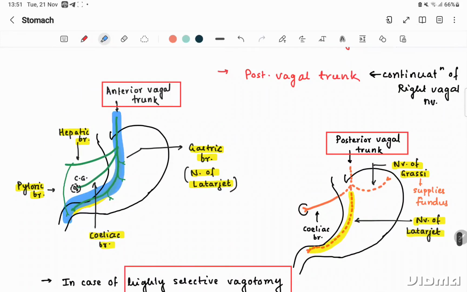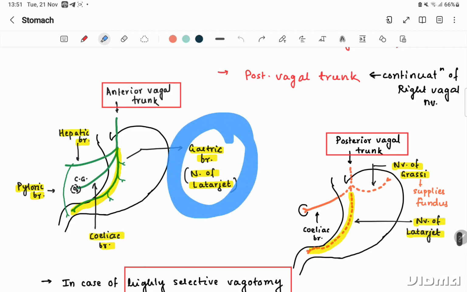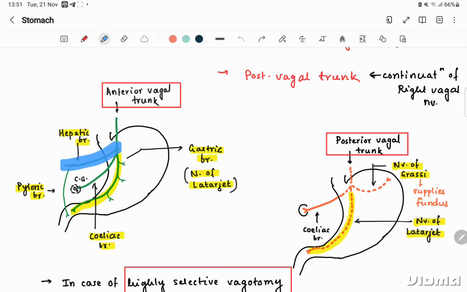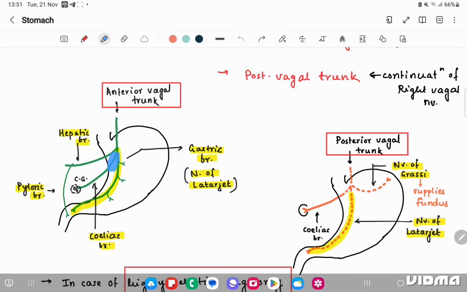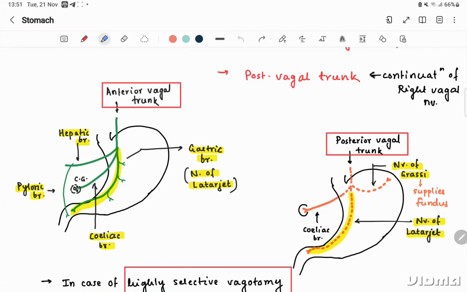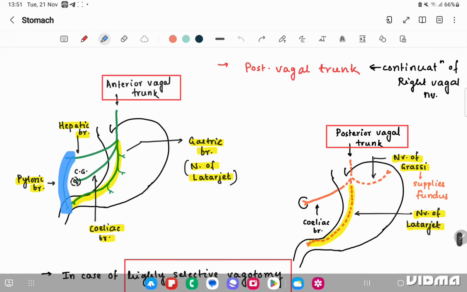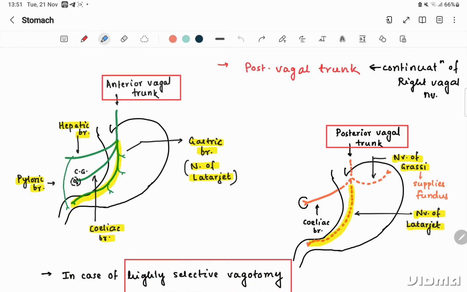So this is the anterior vagal trunk, going like this along the lesser curvature. It gives branches, 1, 2, 3, which are the gastric branches, called the nerve of Latarjet, and a hepatic branch. This is a celiac branch, and the pyloric branch arises from the hepatic branch.